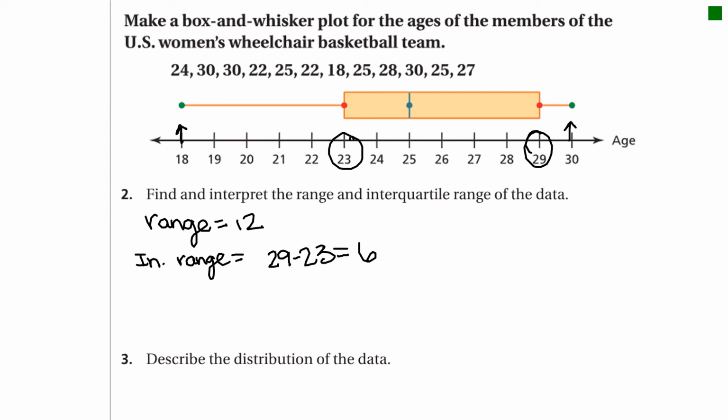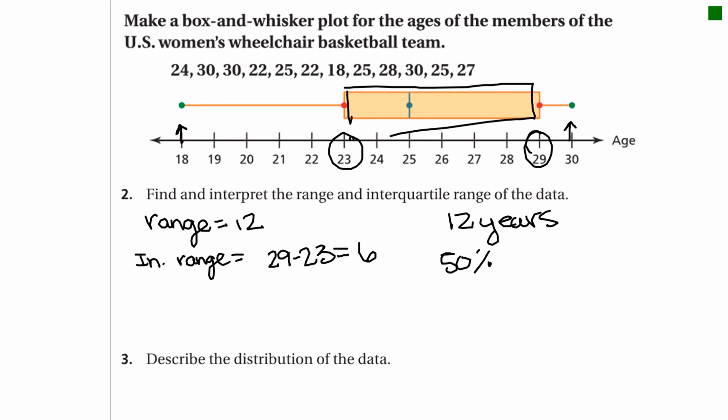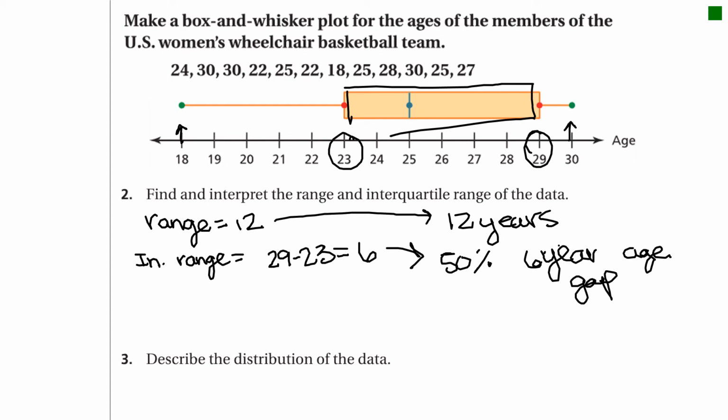But 50%, half of the data, because this is what we just found, has a 6-year age gap. 50% of the data has a 6-year age gap, but the ages range by 12 years.